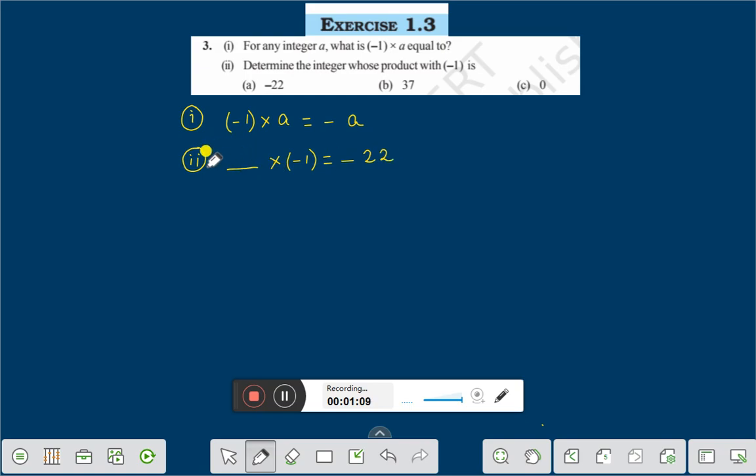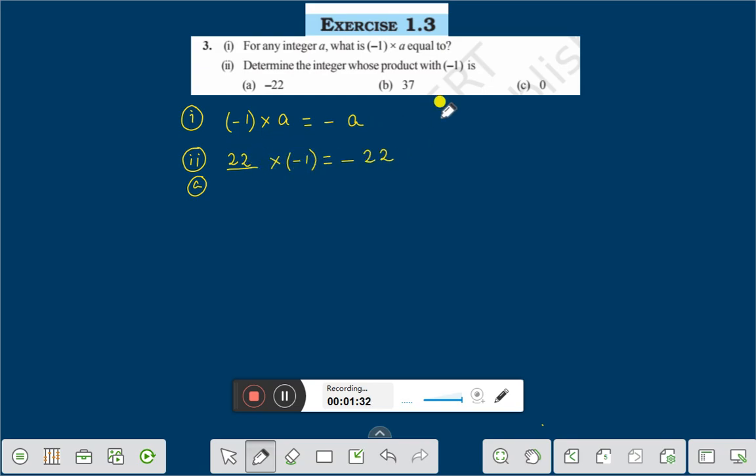In question number 2a, dash into minus 1 is equal to minus 22. That means if we write here 22, what we are getting? 22 into 1 is 22 and plus into minus is minus 22, right? Therefore, the answer will be 22. If we multiply 22 with minus 1, it is getting minus 22.